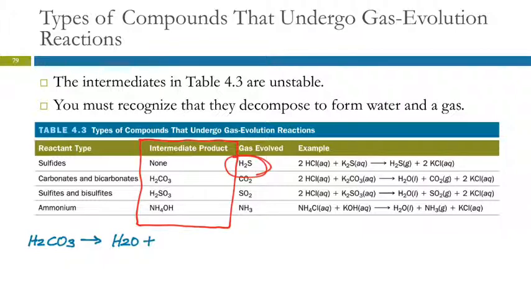Okay, H2CO3. So I'm losing H2O, so I'm going to lose both of those hydrogens, and I'm going to lose one of the oxygens, and so that's going to make this a 2. So after I remove 2 hydrogens and an oxygen from that, I'm left with CO2. Carbon dioxide, that's a gas.